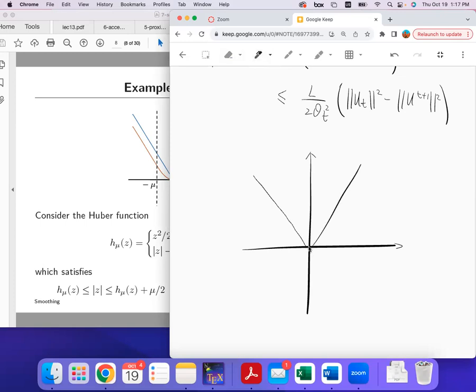And apparently the issue is this non-differentiable point at the origin.